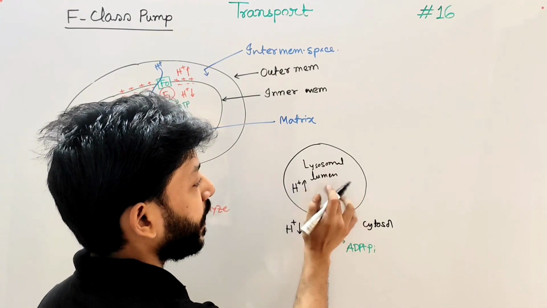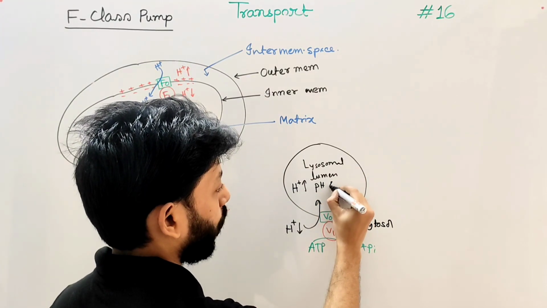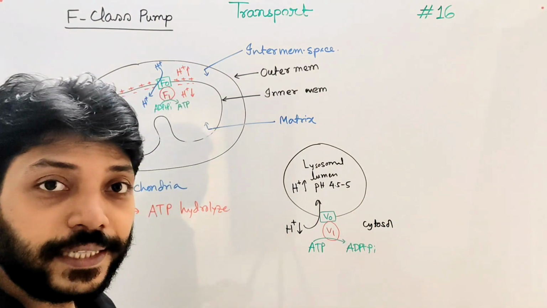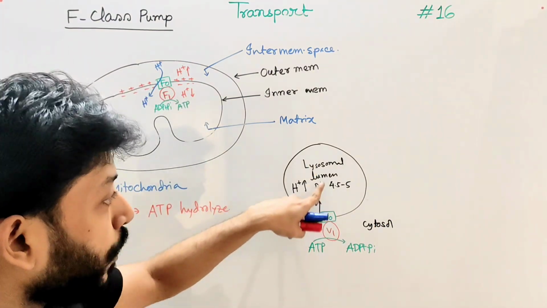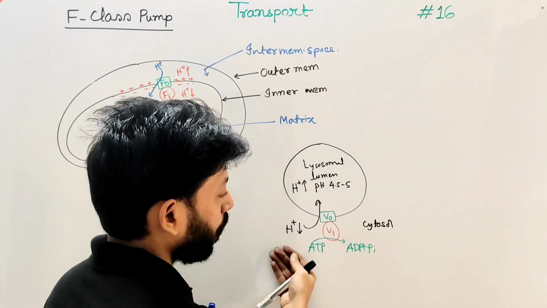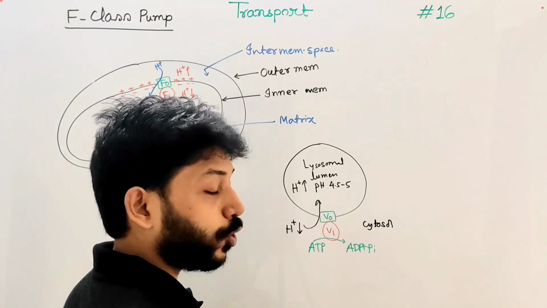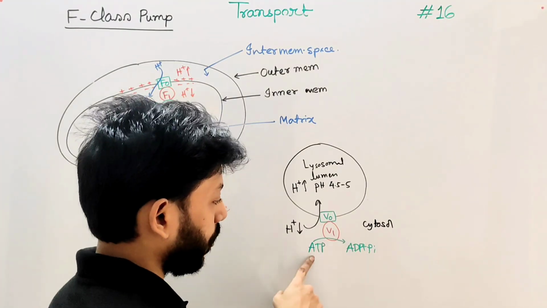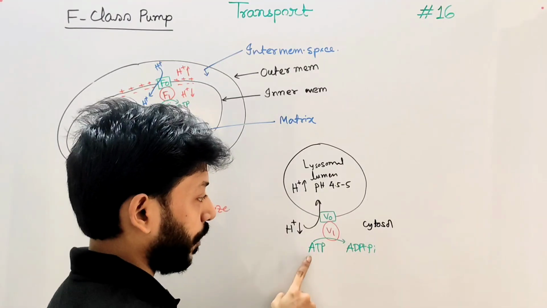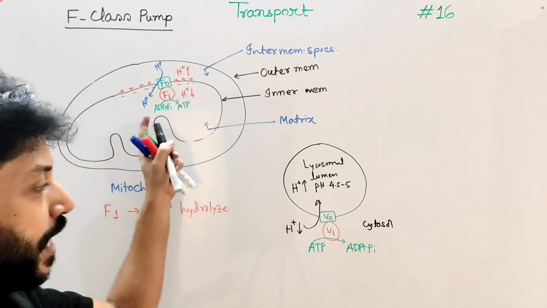Because to maintain the low pH of the lysosome, approximately 4.5 to 5. So to maintain the lysosomal lumen pH very low, it moves protons from lower to higher concentration. That's why it shows the uphill movement, and it requires energy, and this energy is provided by the hydrolysis of ATP. So this is the functioning of V class pump and F class pump.